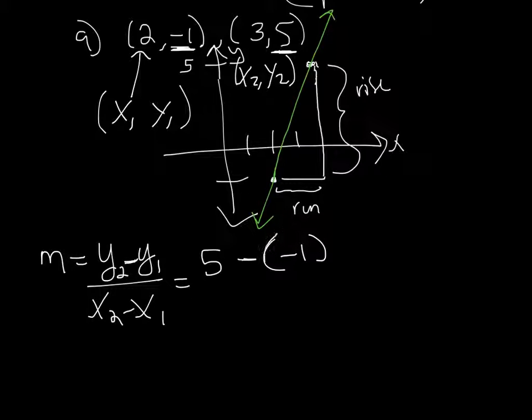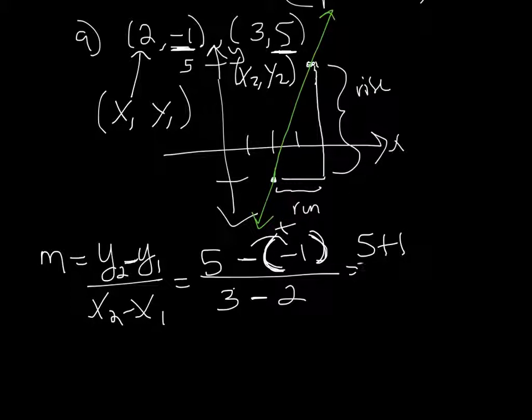Make sure to put parentheses between 2 negatives. All over the difference between the x's, which is 3 minus 2. Negative times negative is positive, so this is really 5 plus 1 over 1, or 6 over 1, which is 6.